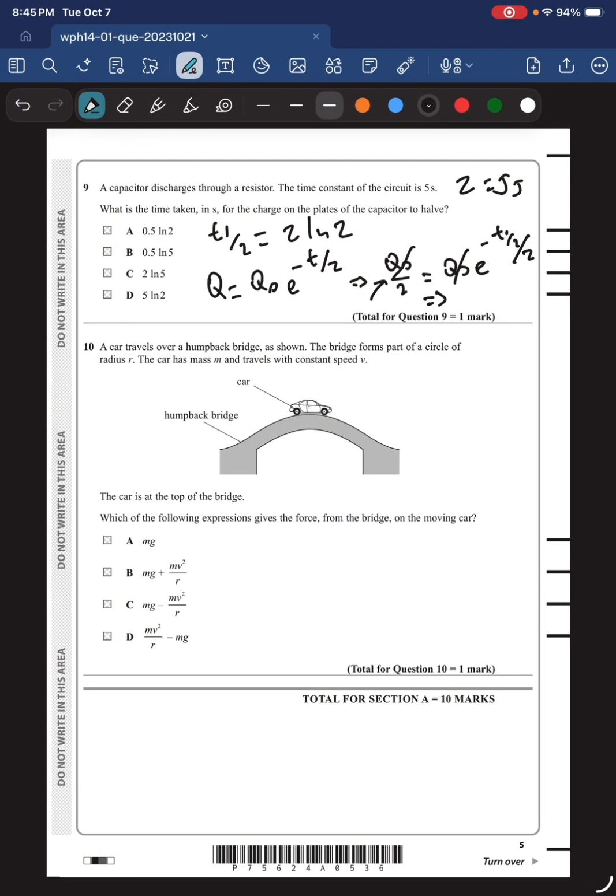If you work the math out you will find that t one-half is tau times ln of 2. In any case, the correct answer is D.